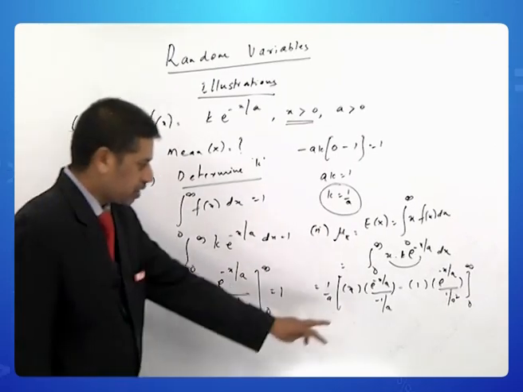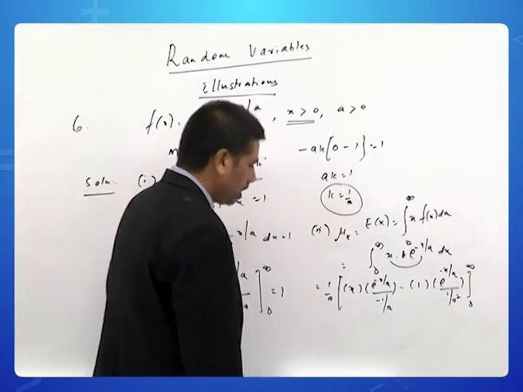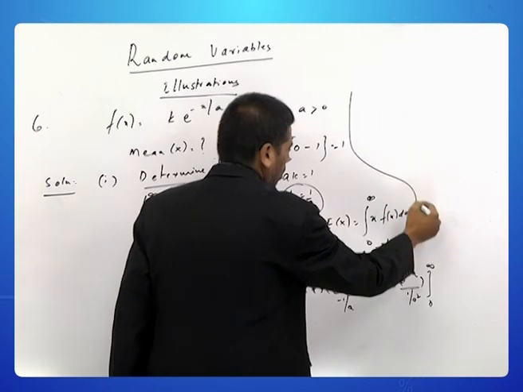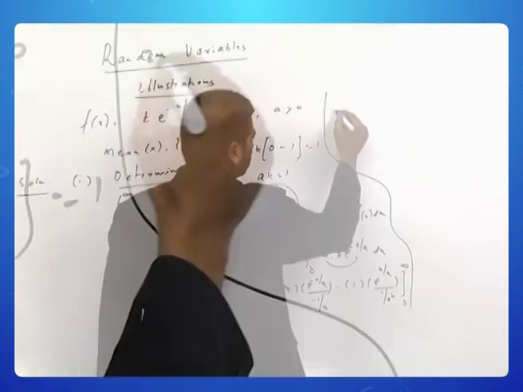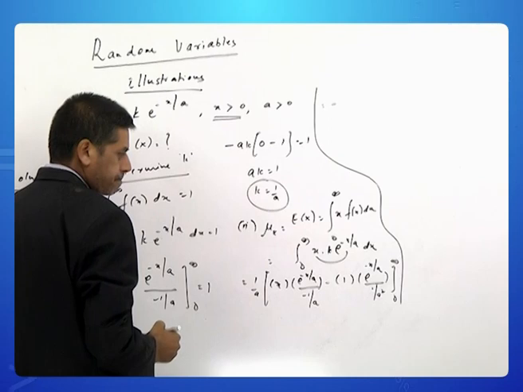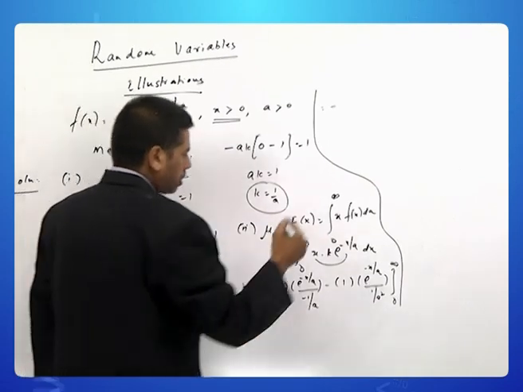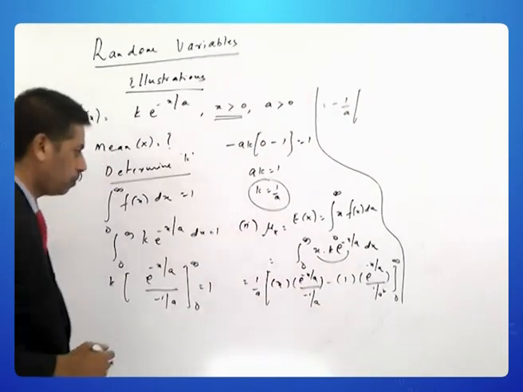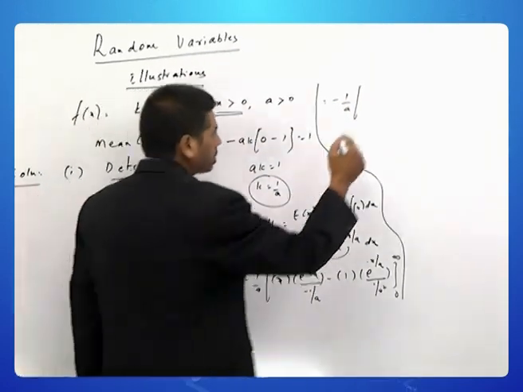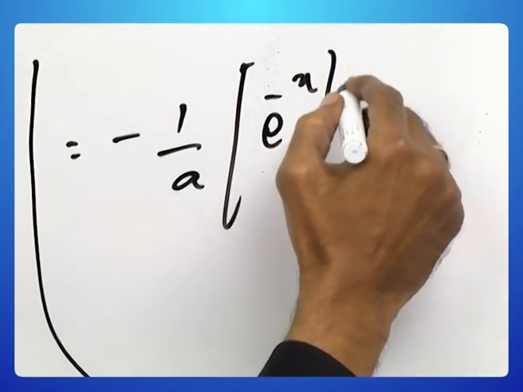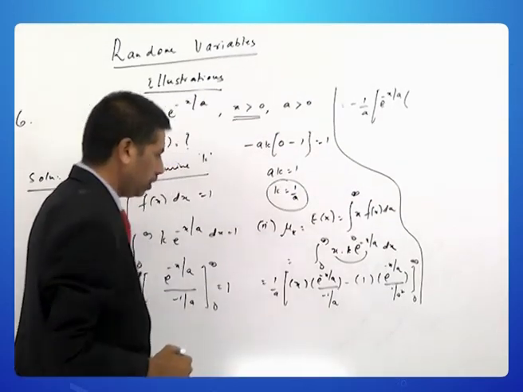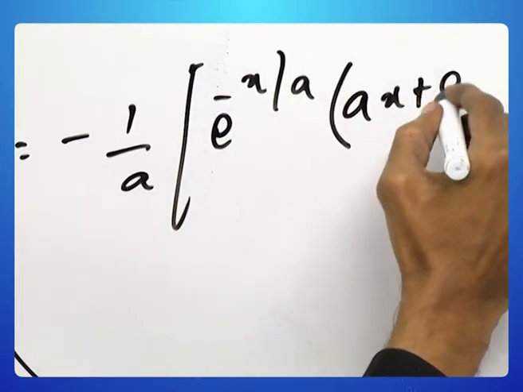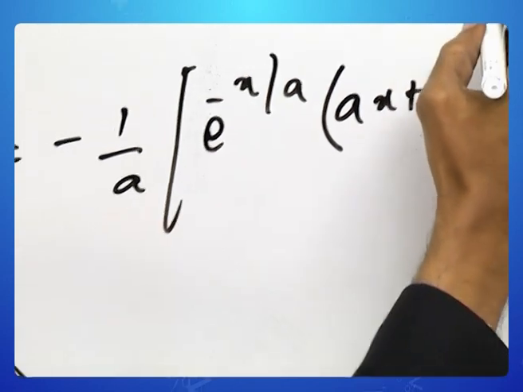You can see that this is a negative term, this is also a negative term. So therefore I can take a negative sign outside. So minus 1 by a into e power minus x by a, which is a common factor, into ax plus a squared, from 0 to infinity.